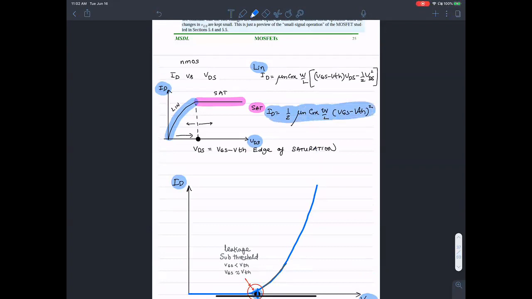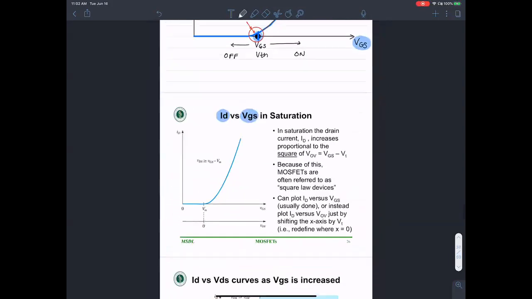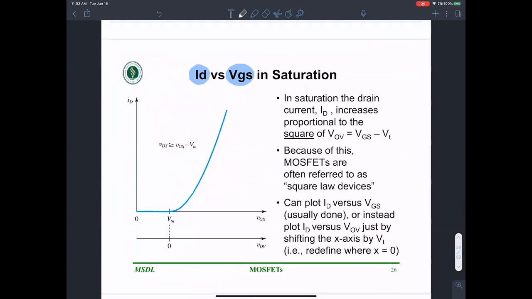This is the plot of one in saturation region, where VDS is greater than VGS minus V threshold. Okay, that's the idea. So, ID versus VGS.